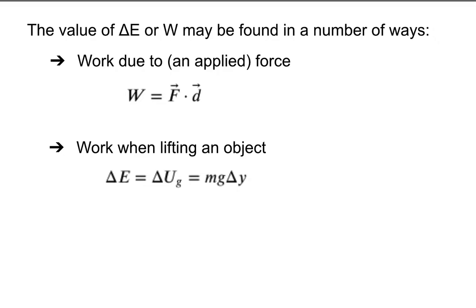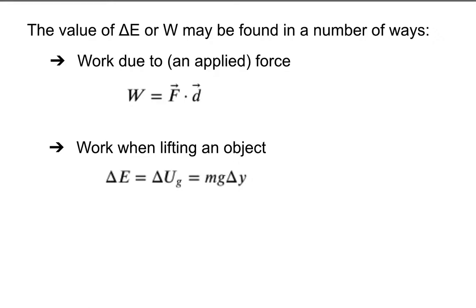Sometimes you're given information about the height of an object before and after something happens. So if the problem is talking about lifting and you're given information about the change in position, then you may end up wanting to do it this way. You might end up looking at the change in gravitational potential energy.